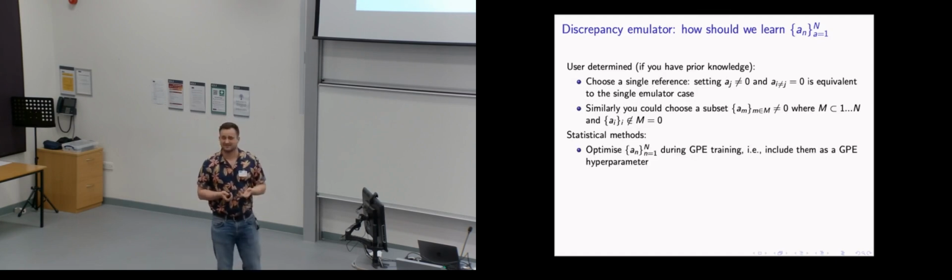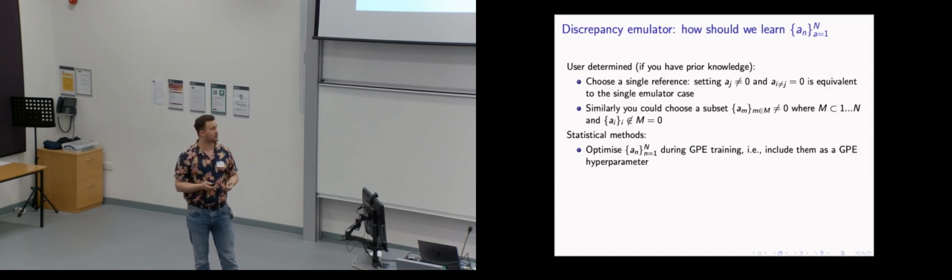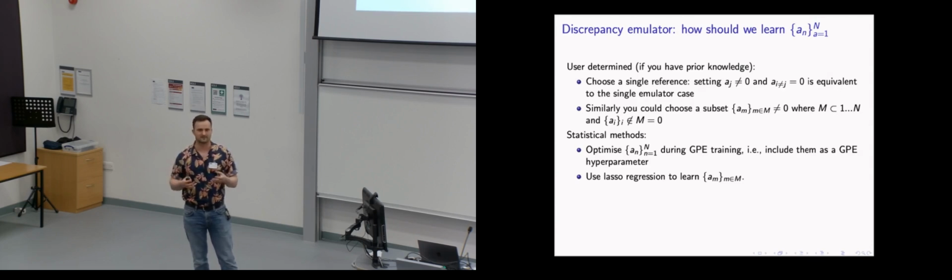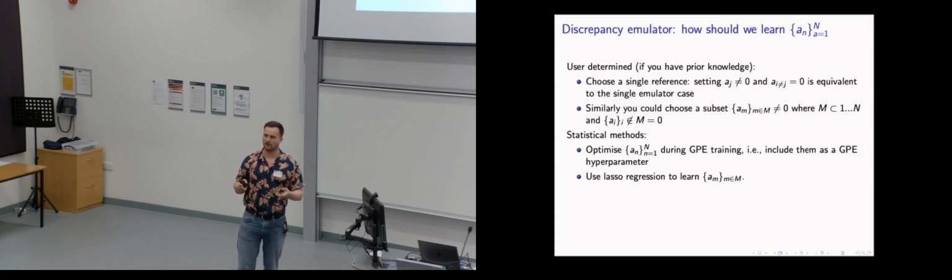Obviously, you can do it statistically, so you treat this set of A's, as the set of weights, as a hyperparameter and learn it during your training. But potentially, if you've got a massive cohort, then you've got a load of hyperparameters to learn. And so as a small hack, we were like, do people know what lasso regression is? Yeah? We're not all across the room. Anyone want me to explain it? No?